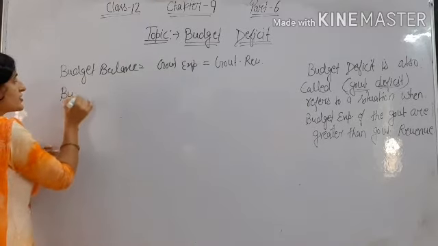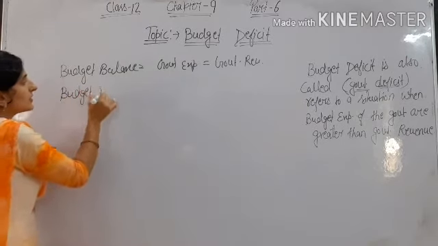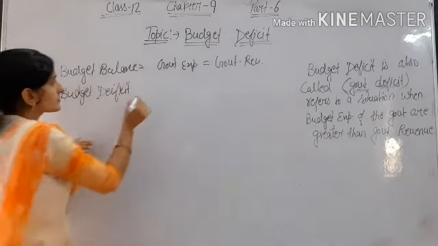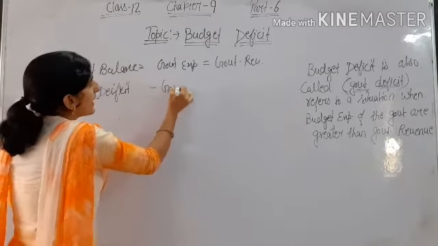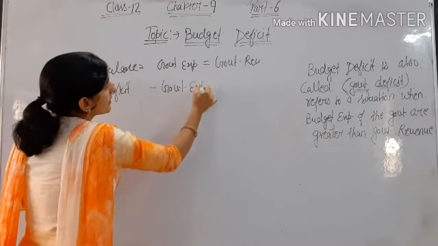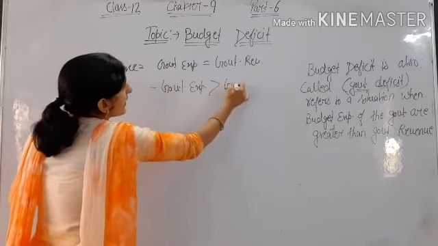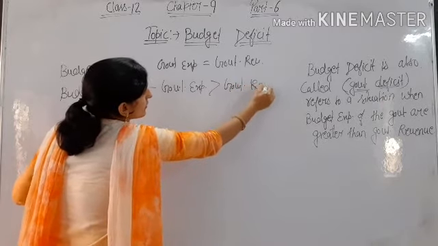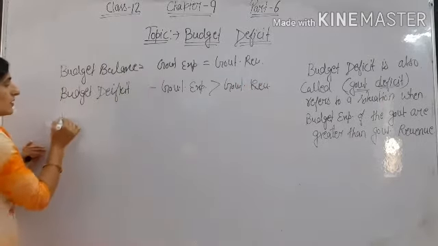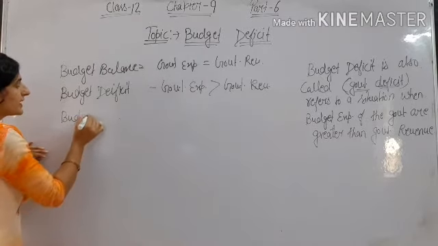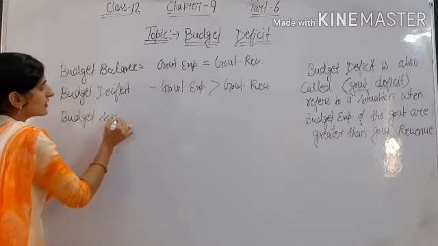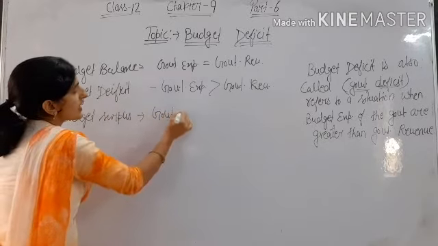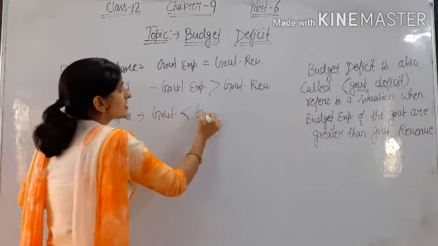And budget deficit means government expenditure is greater than government revenue. And budget surplus means government expenditure is less than government revenue.